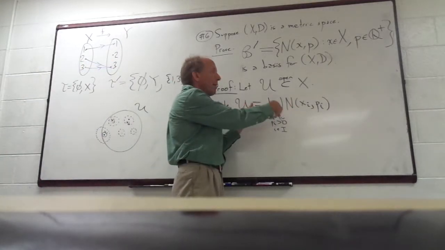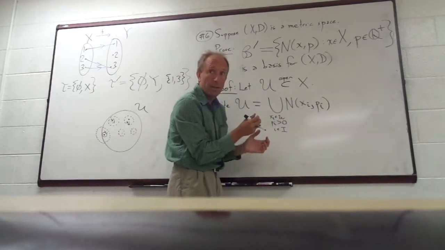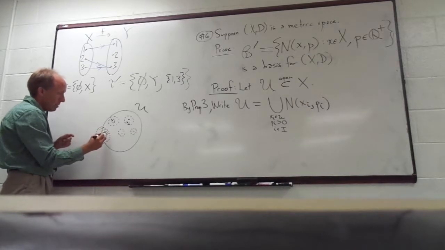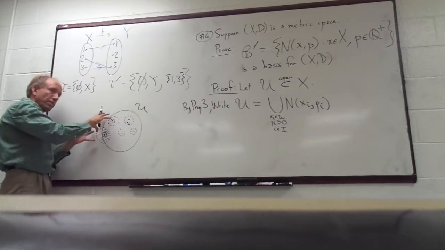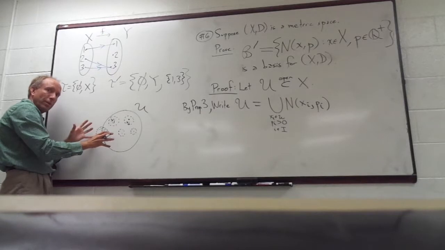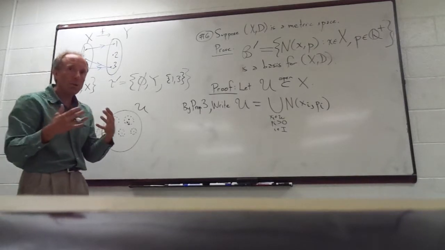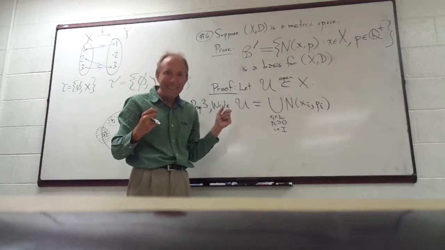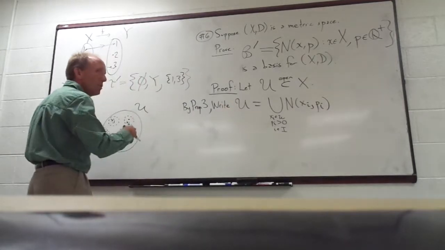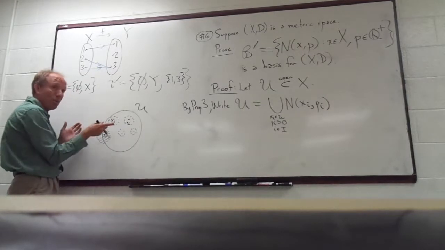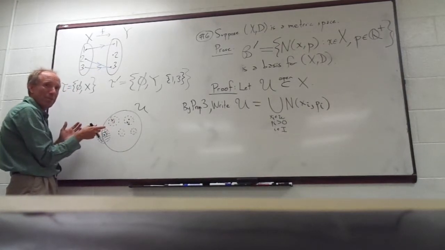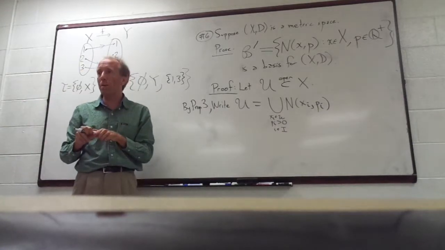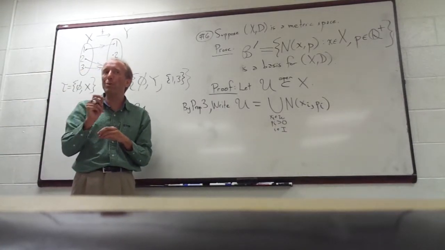So I'll still have a union of open sets. But do you see what's happening with these sets? They're drifting outside of U now. So you actually have a union that covers U, but it's too big. The union would be a bigger set than what U is. So that was my idea, and it didn't work, but I'm hoping it will help you think what would be a good idea.